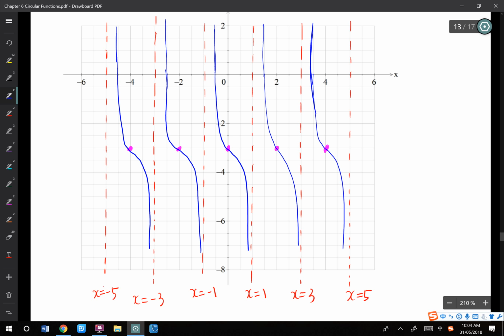But that's the decreasing shape, with the points of inflection in the right place and the correct asymptotes. Well, better label the points of inflection. So it's (4, -3), (2, -3), (0, -3), (-2, -3), and (-4, -3).